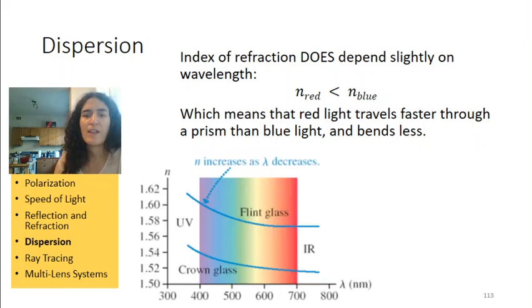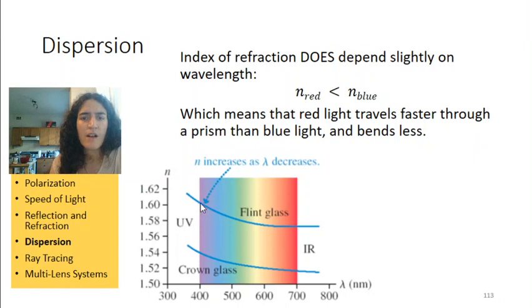Right, so I could actually have a plot of index of refraction as a function of wavelength, right? And so we see that n in the red wavelengths is actually smaller than n in blue. It's smaller by a very small amount, right? So here these are two different glasses.